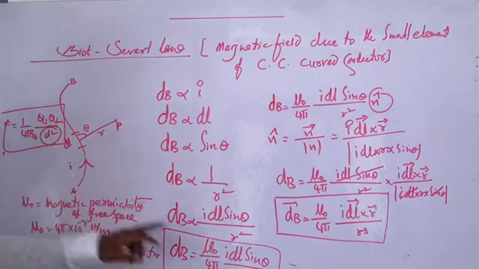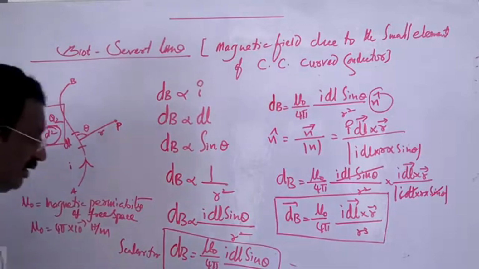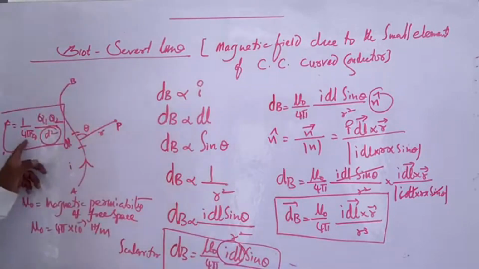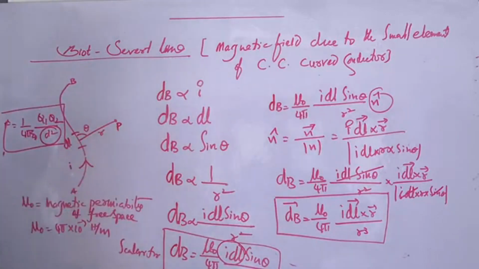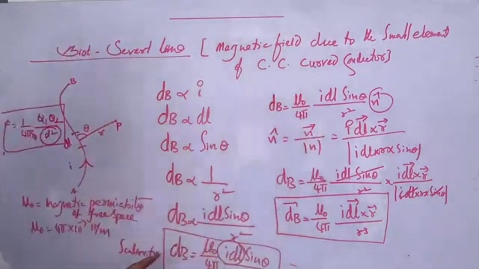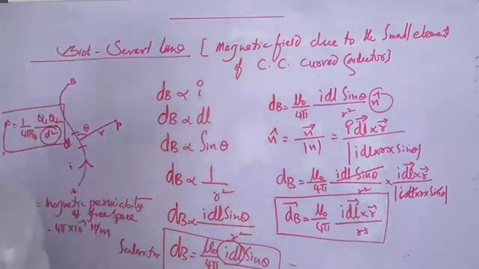Whereas the magnetic field depends upon the current element, the electric field depends upon the scalar quantity, electric charge. So the source of the electric field is a scalar quantity, while the source of the magnetic field is a vector quantity, the current element.